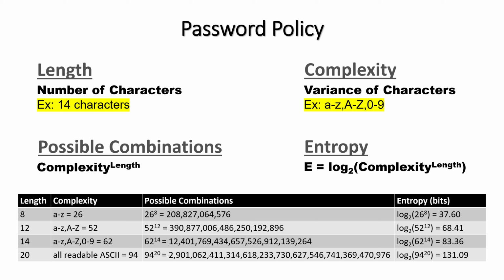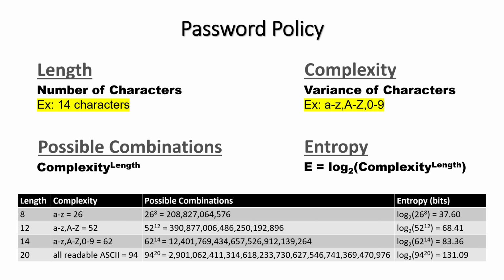The 68.41 and 83.36 entropies are considered to be fairly high and safe entropies. However, even though the entropies are high, character variance isn't as optimal as it could be. Ideally, you would want to include characters from all different character sets as demonstrated by the last example.